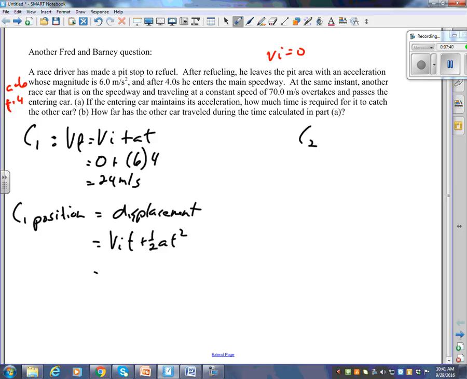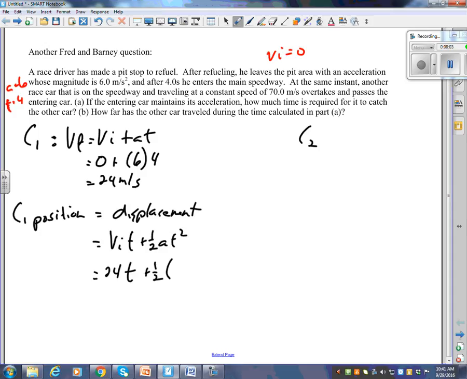Okay, initial velocity, 24. Do I know the time? In fact, that's what I'm trying to find out, right? Trying to find how much time is required for it to catch the other car. What about the 4 seconds? Okay, that's gone. That's the first part, right? Gone. So it's going to be 24t plus 1/2.